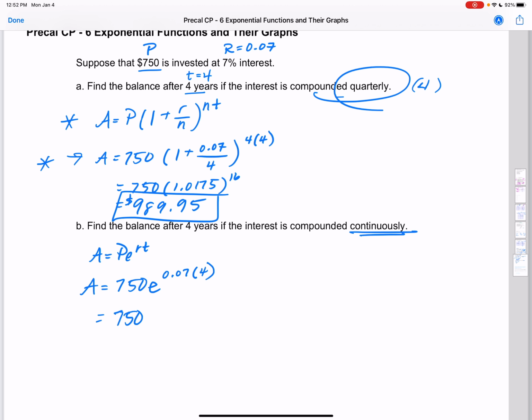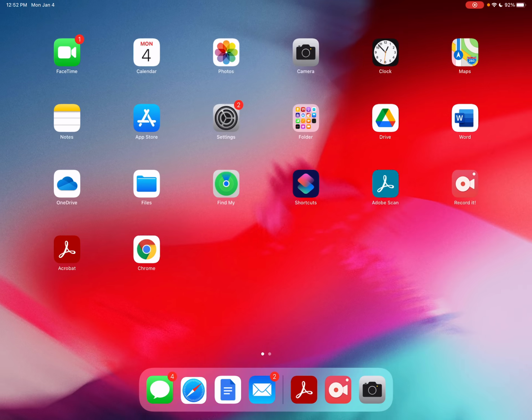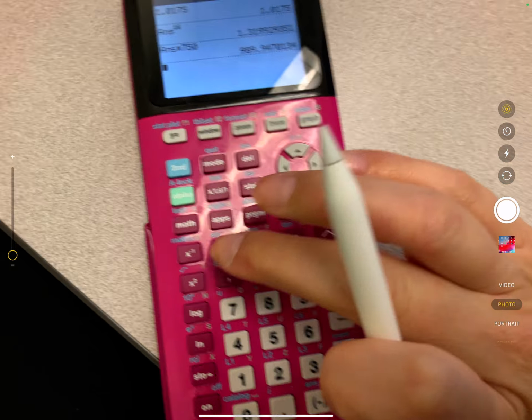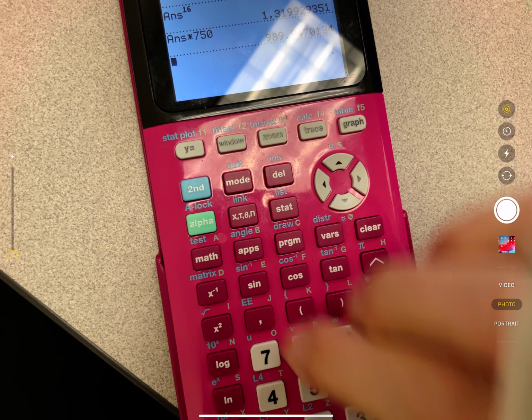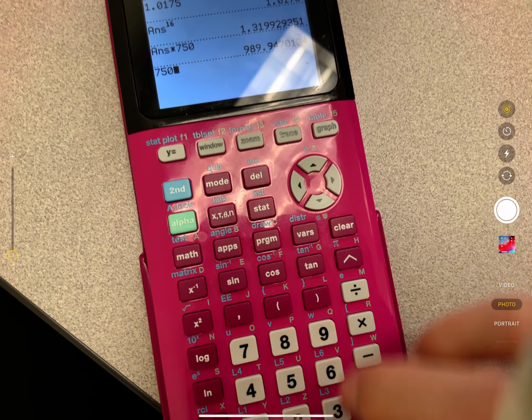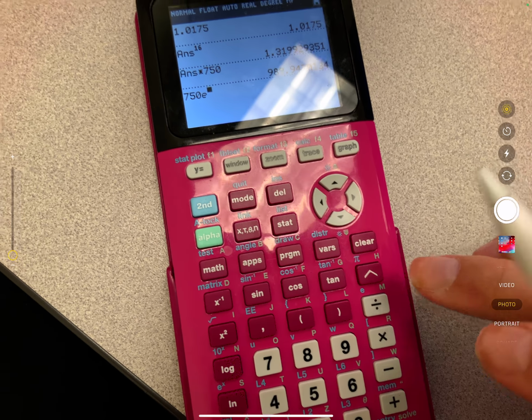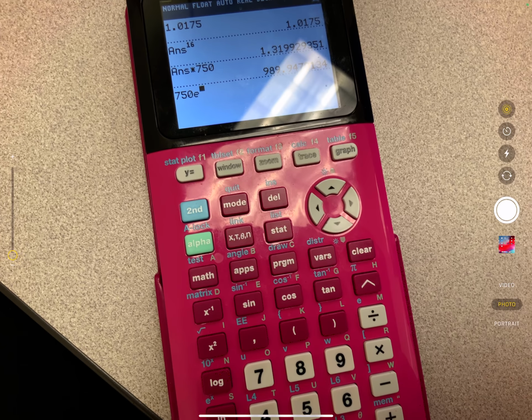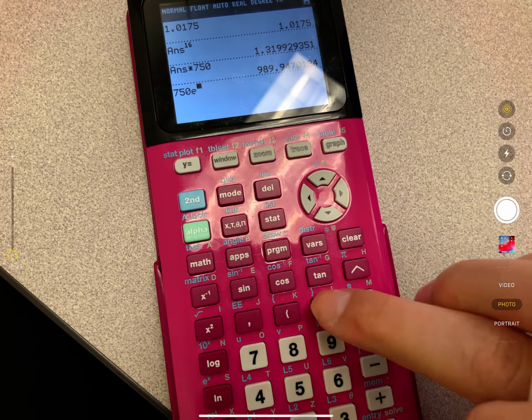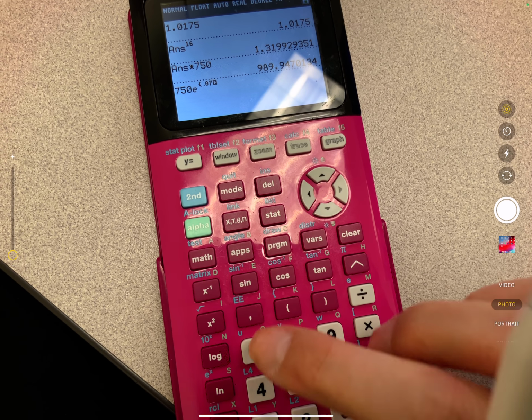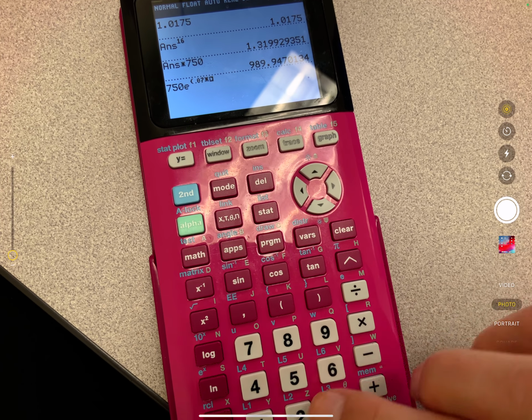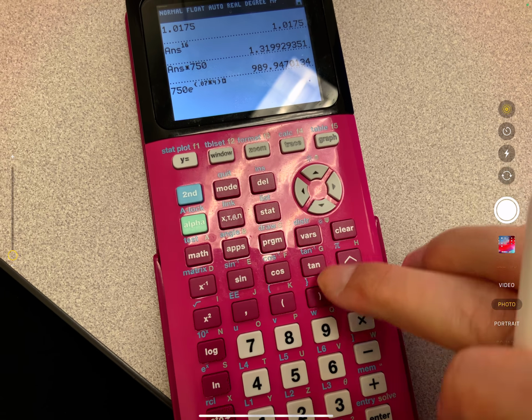And then on your calculator, you can actually put this in. You can do 750 and then E to the, what was it, 0.07 times 4 years, yeah.